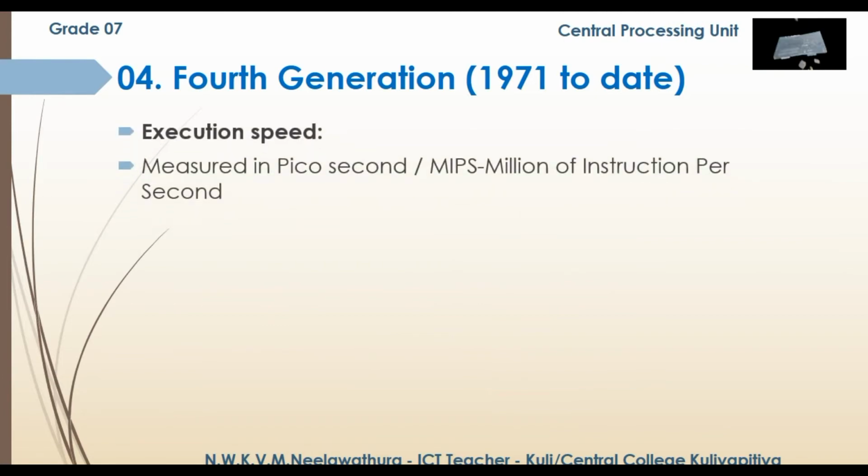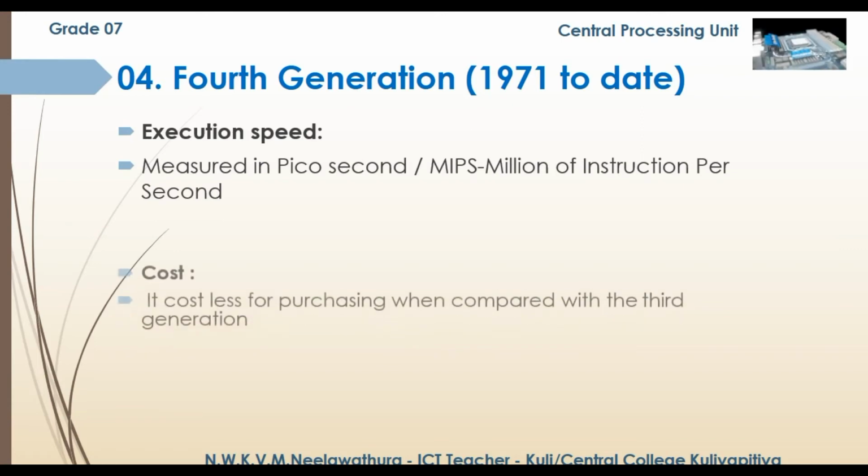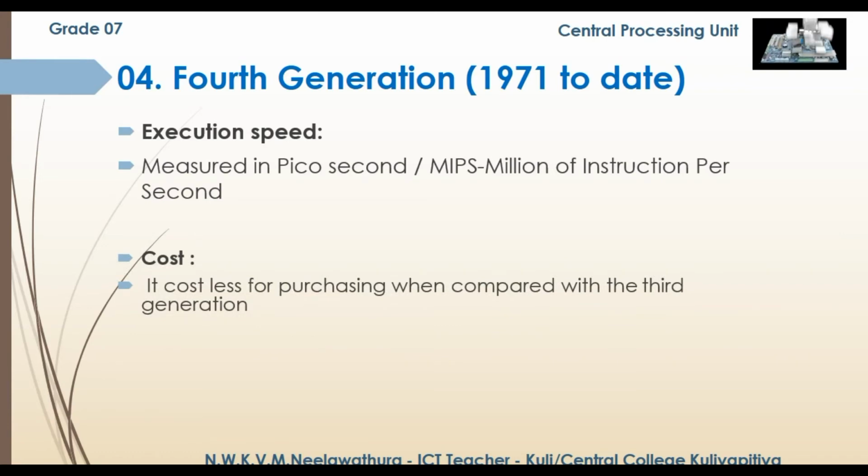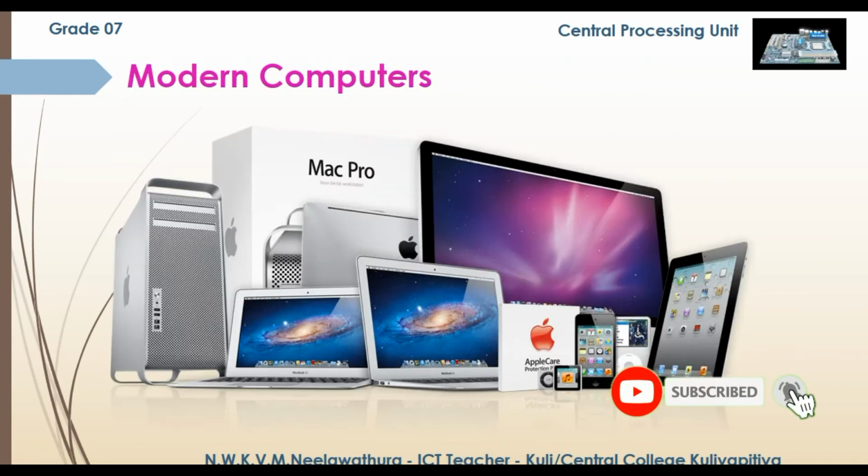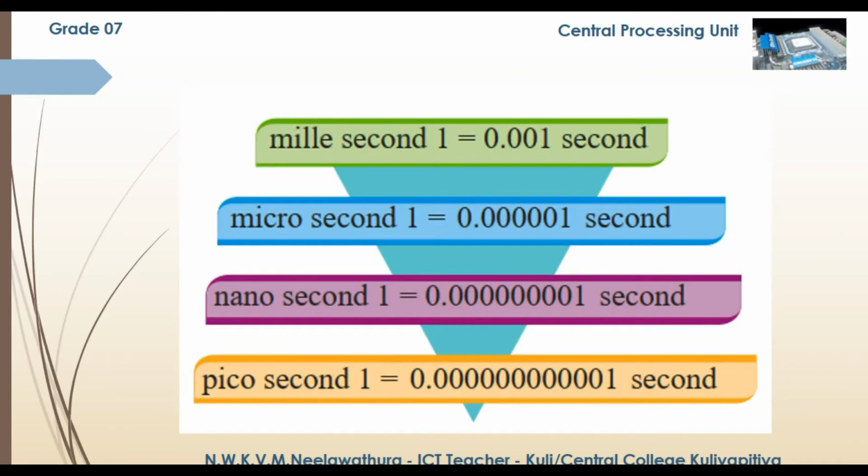Execution speed measured in picoseconds, MIPS, million instructions per second. Cost: it costs less for purchasing when compared with the third generation. Examples for fourth generation computers are modern computers. Look at this image. Now you can see on the screen millisecond, microsecond, nanosecond and picosecond.